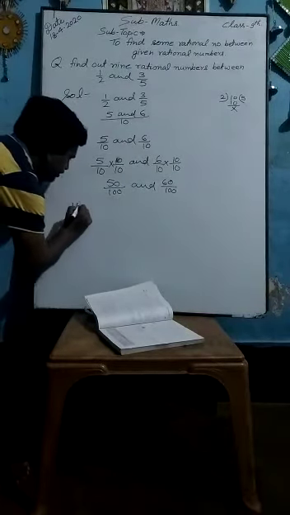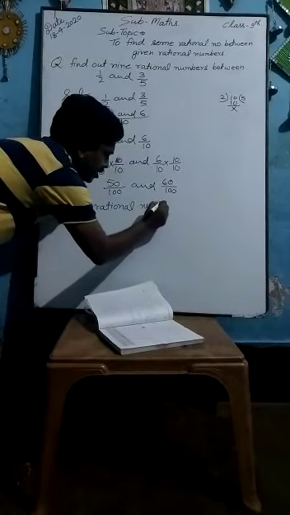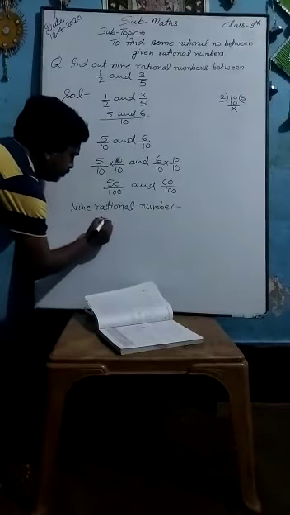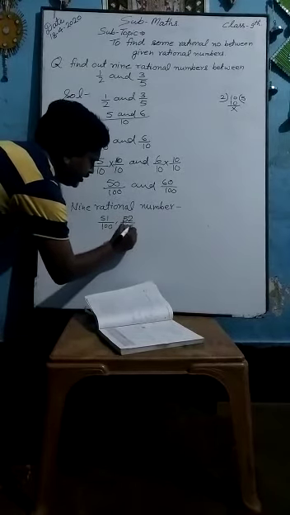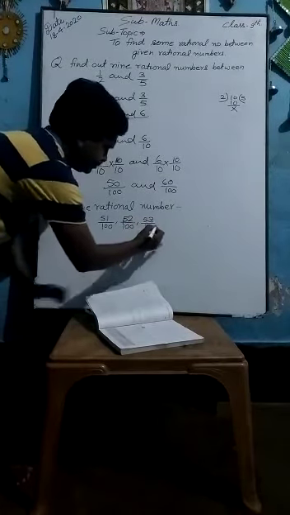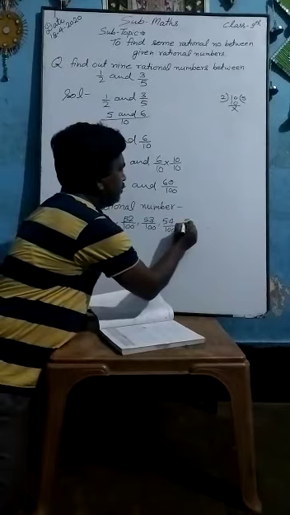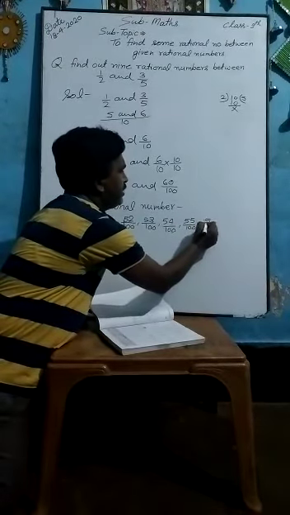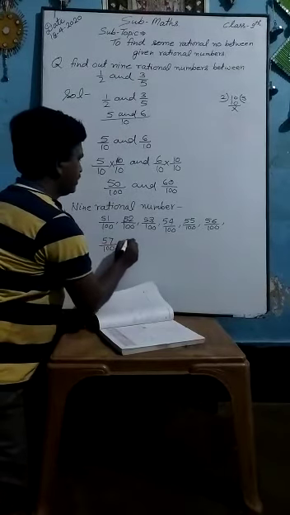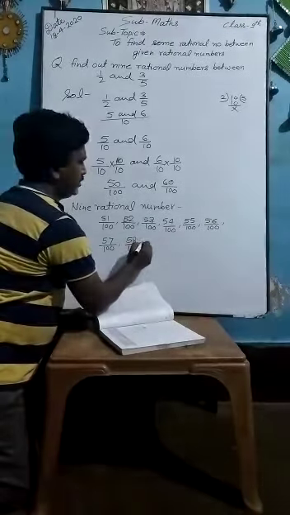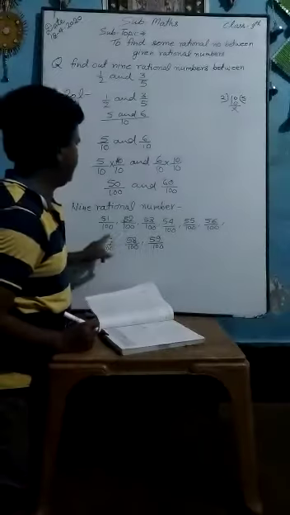You can write these 9 rational numbers: 51/100, 52/100, 53/100, 54/100, 55/100, 56/100, 57/100, 58/100, 59/100. That is 1, 2, 3, 4, 5, 6, 7, 8, 9.